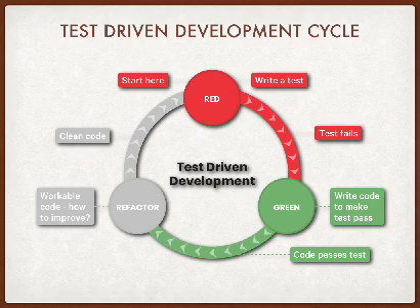Before I start writing the code for the first feature, I start here at the red phase. I start by writing a test which checks if the software is able to mark attendance. Now that I have not started coding yet, my test naturally fails.